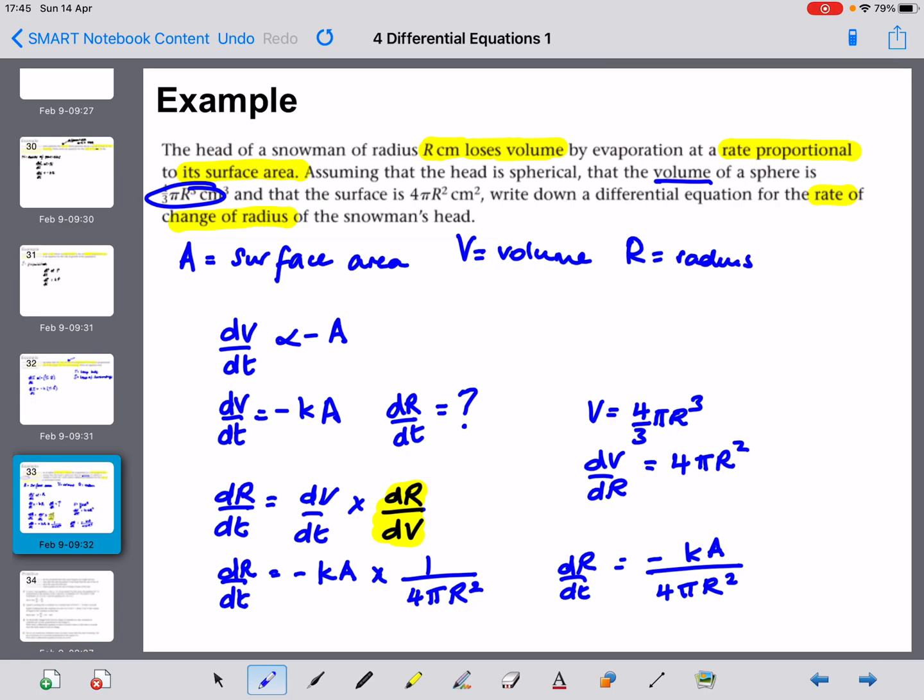Well, it's to do with this. We are told the area is 4 pi r squared, so we know A is 4 pi r squared.